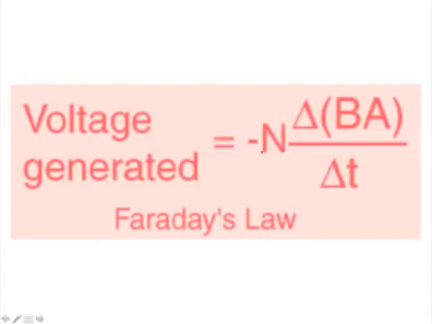If you have some number of turns in a coil, which is an inductor, and you have a magnetic moment, which is the magnetic field strength times the cross-sectional area of the coil.